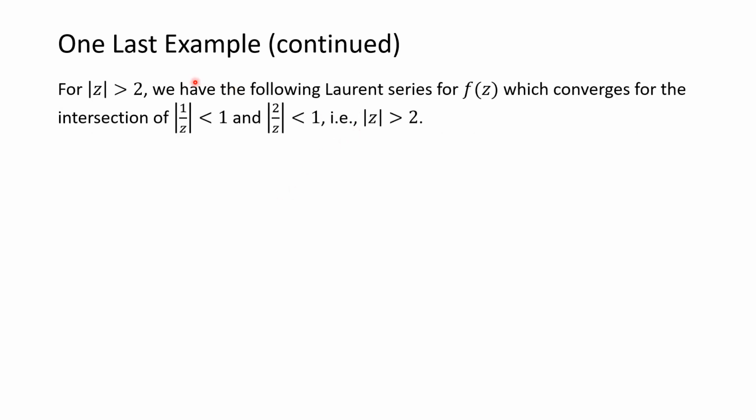So in that case, when the modulus of z is greater than 2, we again rewrite the partial fractions. And you notice here this first one converges when 1 over z is less than 1, or when z is greater than 1, which is what we want here.